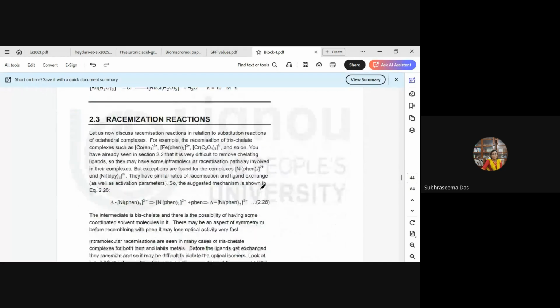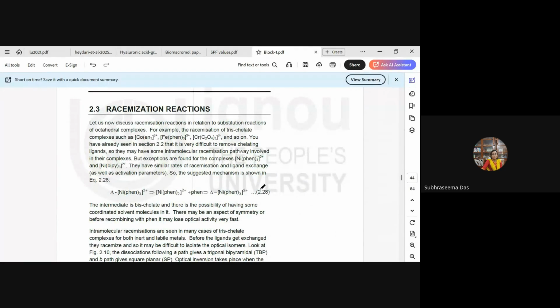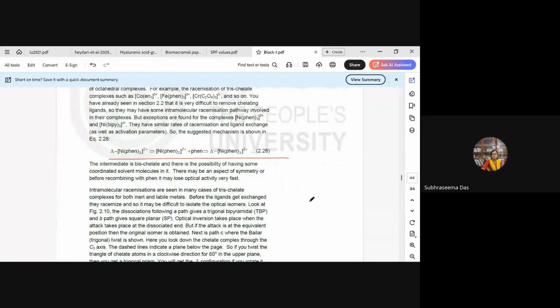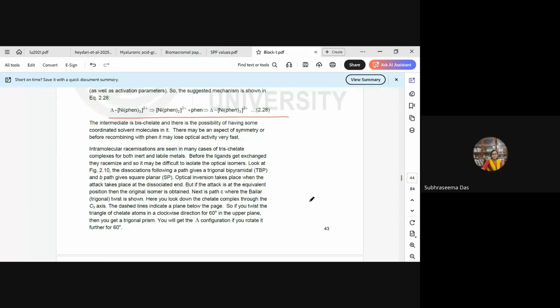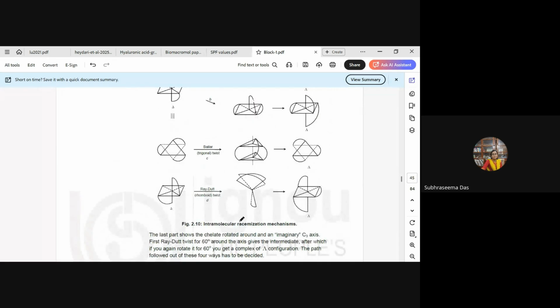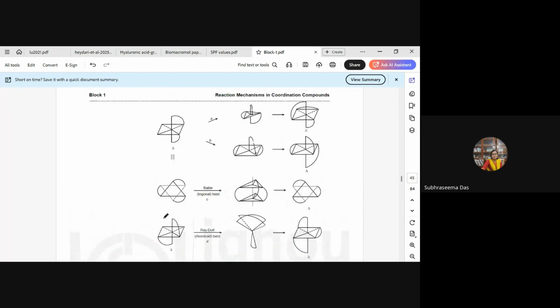Then racemization reactions. So what are racemization reactions? Here is one suggested mechanism for racemization reactions. Intramolecular racemizations are seen in the case of tris chelate complexes, for both inert and labile complexes. Here in figure 2.10, the intramolecular racemization mechanisms have been shown.